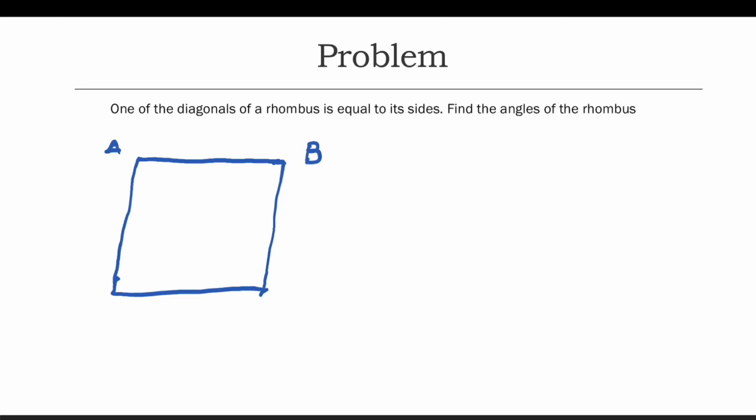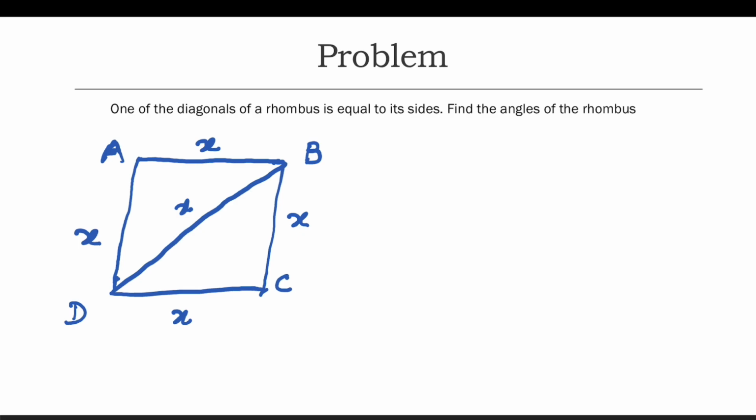Rhombus, all sides equal, opposite sides parallel. That is rhombus, right? So this is x, this is x, this is x, this is x. Diagonal of a rhombus is equal to side. So this is a diagonal. Since that is equal to side, this is also x, right?